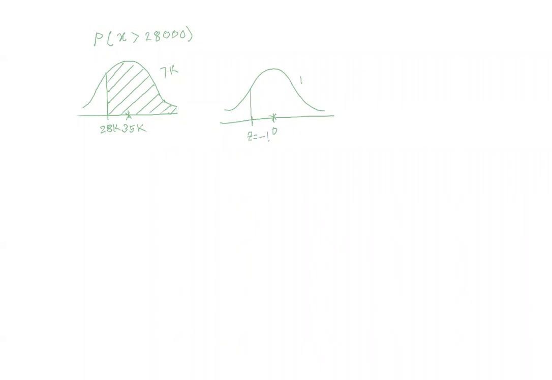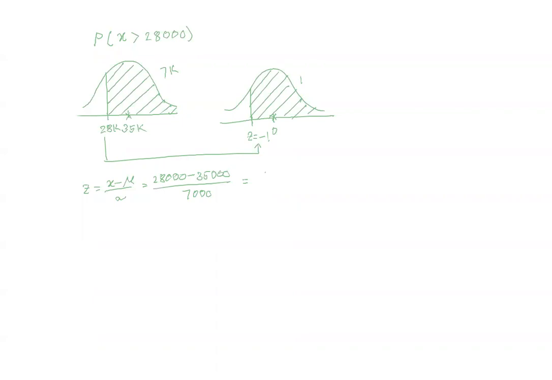By now, you should know how to find the Z value, right? But I'd still do it quickly. So we are looking for this. This point corresponds to this point. Z is equal to X minus mu over sigma, which is 28,000 minus 35,000, all of it divided by 7,000.